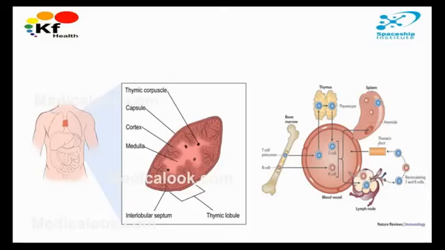In the thymus starts the maturation of the cells, and they differentiate into B and T. B are stored in the outer part of the thymus, T are stored in the inner part of the thymus.